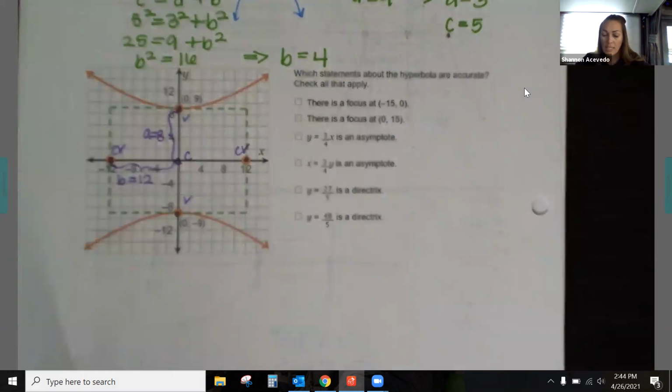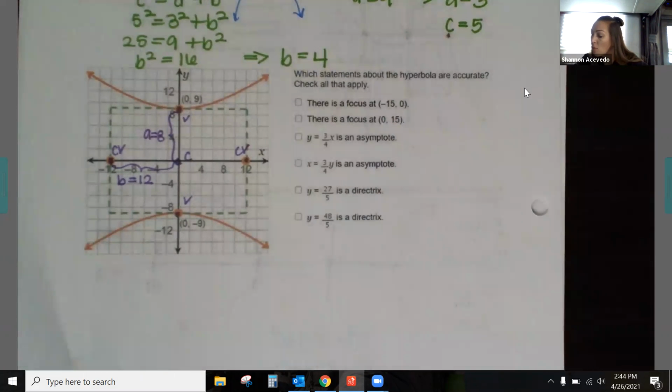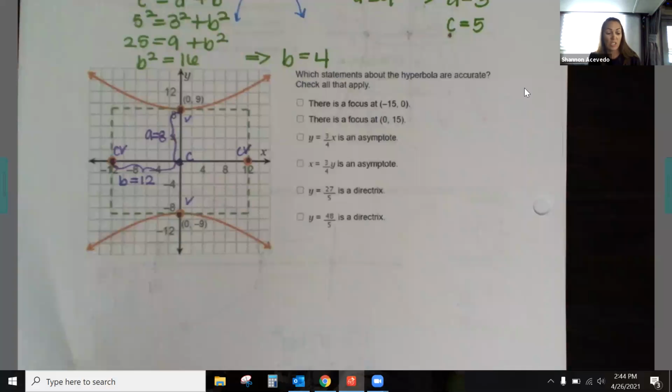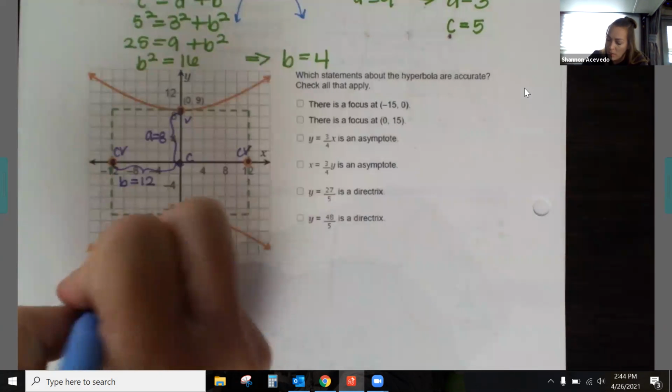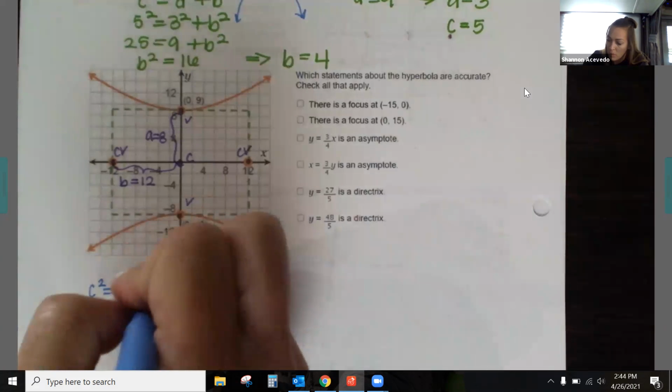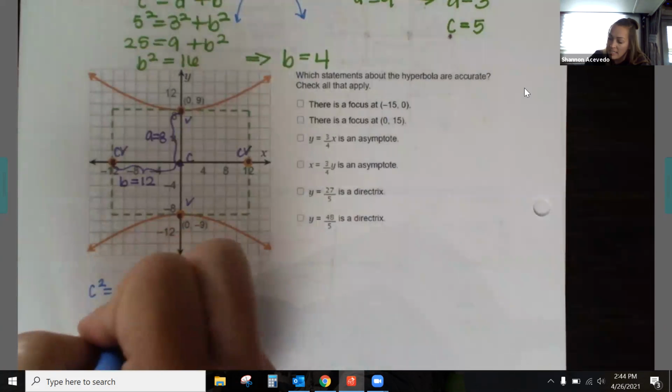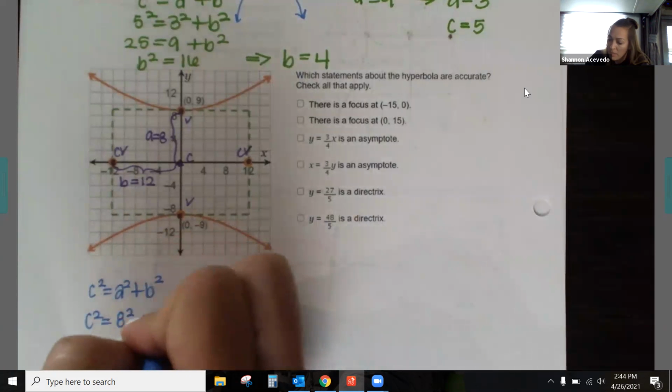So let's see, what do we have here? It says there is a focus at negative 15, 0. Well, in order to figure out that focus, we need to know what our C value is. So if I want to calculate C, I need to know C in order to figure out my focus. And I know C squared is equal to A squared plus B squared. So C squared, we said A is 8, we said B is 12.